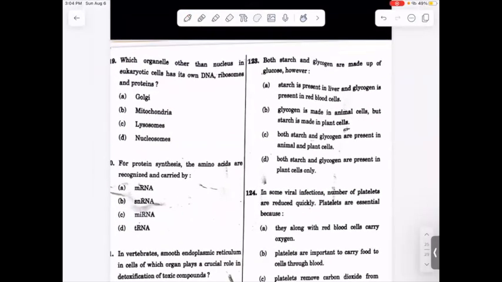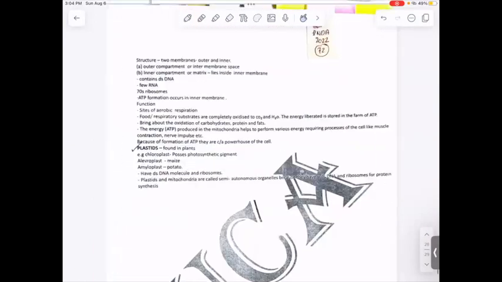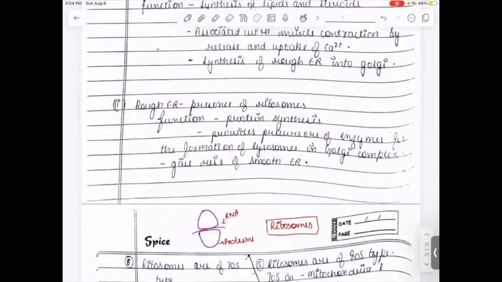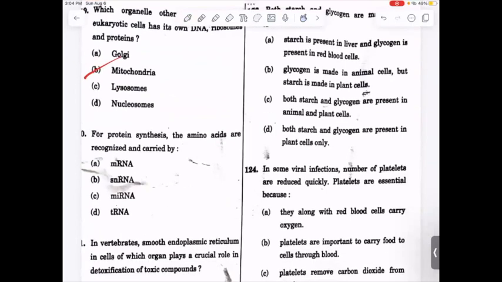Some last questions. Which organelle other than nucleus has DNA, ribosomes, and proteins? See, mitochondria. Mitochondria is the organelle which has ribosomes, it has DNA, it has RNA also. So our answer is mitochondria, option B. Next, for protein synthesis, the amino acids are recognized and carried by.